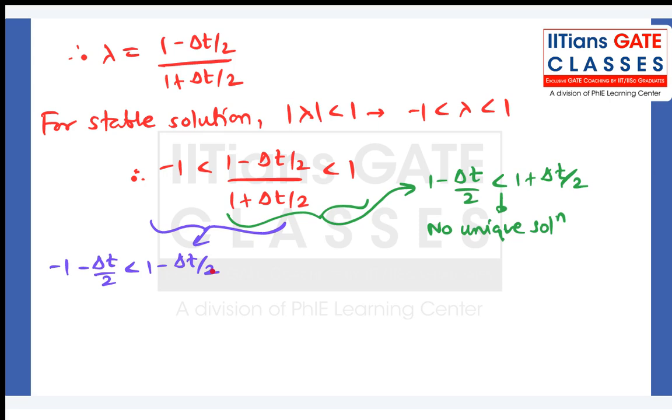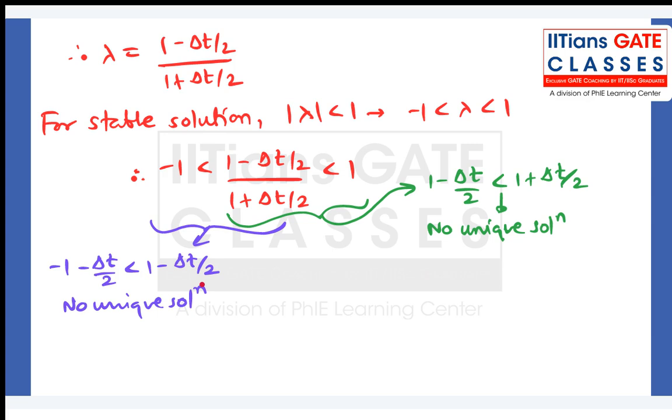So here also no unique solution that you can get for delta t. Okay, so this is what I was saying. So far they had not given such kind of numerical schemes, but this time they had given one additional layer of complexity.